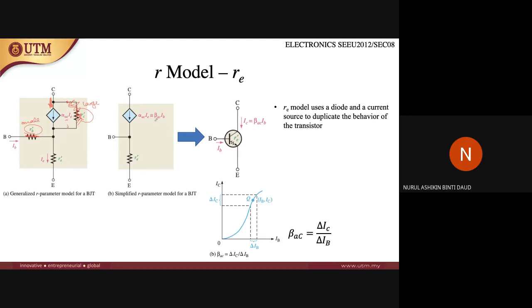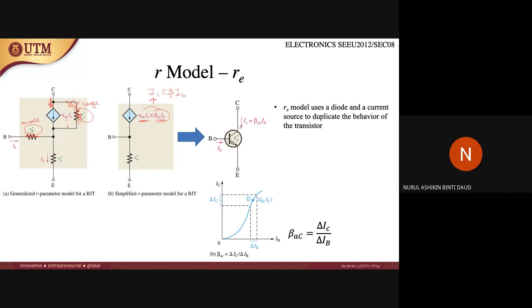We have also learned before that IC is approximately equal to beta IB. Since these two represent the current at the collector, we can say they are approximately equal.